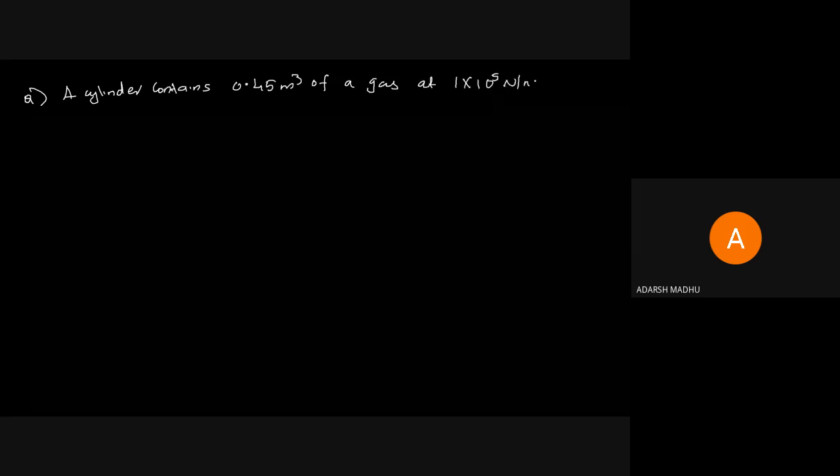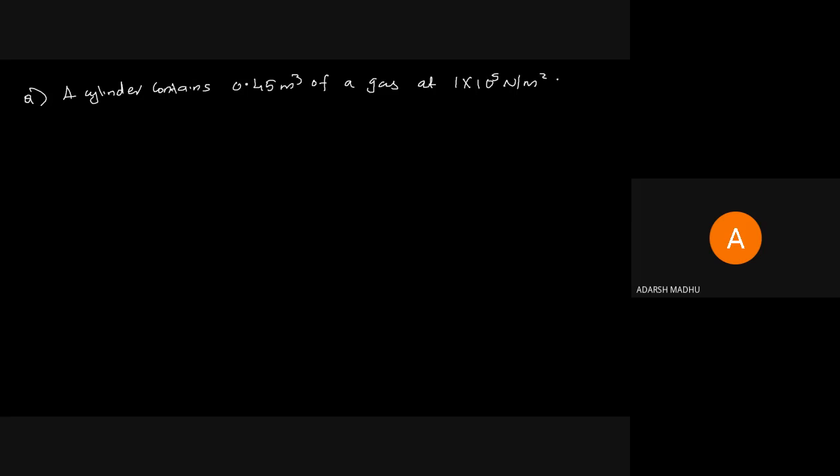A cylinder contains 0.45 meter cube of a gas at 1 into 10 raised to 5 Newton per meter square pressure and 80 degrees Celsius.